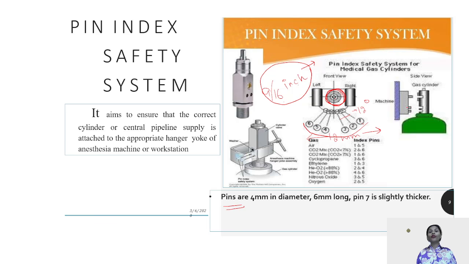The pins are 4 mm in diameter and 6 mm long. There is one more 7th pin which has been introduced recently for Entonox, which is slightly thicker. This is your pin index system. Every gas has a special pin index for itself. You have to remember the radius, the degrees, the length, the diameter, and how many pins are present.